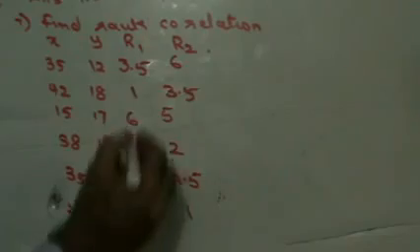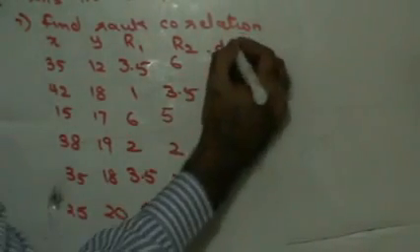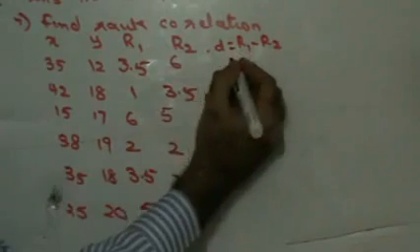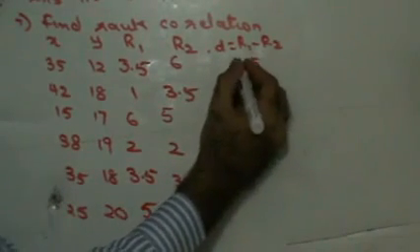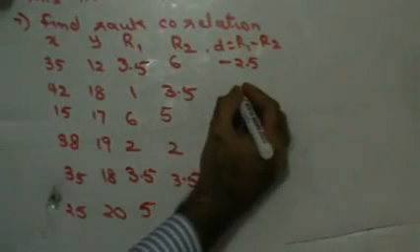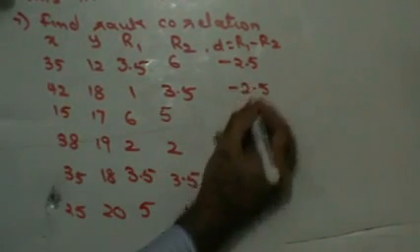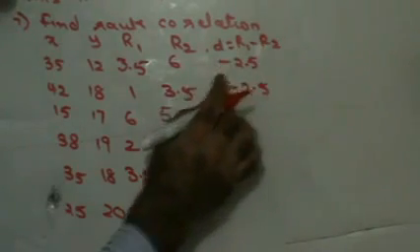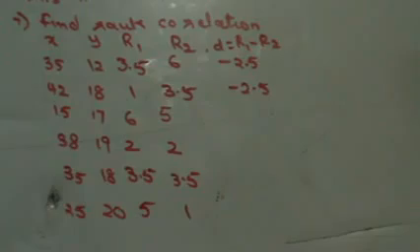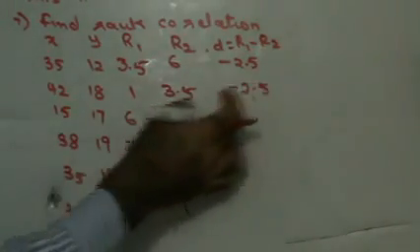Then you find your difference. Difference is nothing but R1 minus R2. So this is 3.5 minus 6, negative 2.5. This is again negative 2.5. This is 1 minus 3.5, negative 2.5.